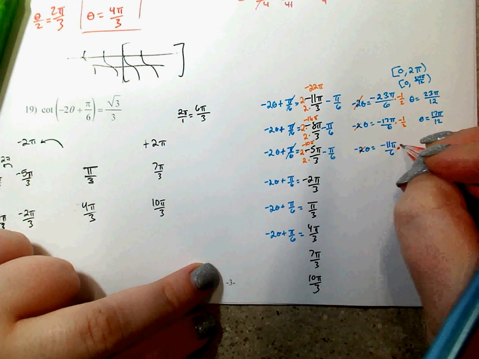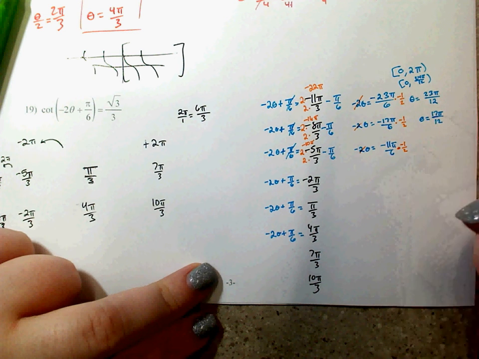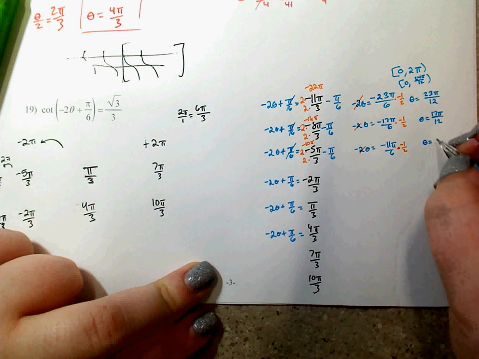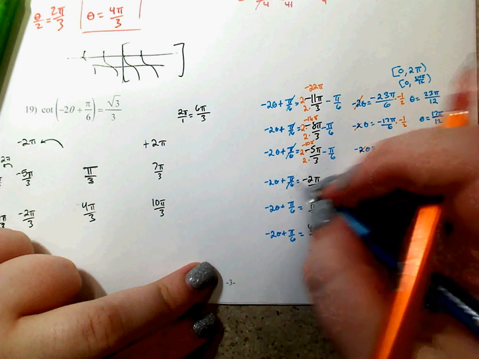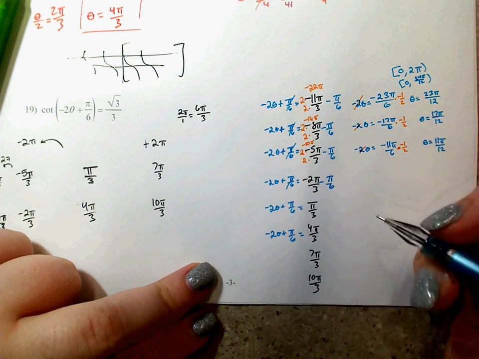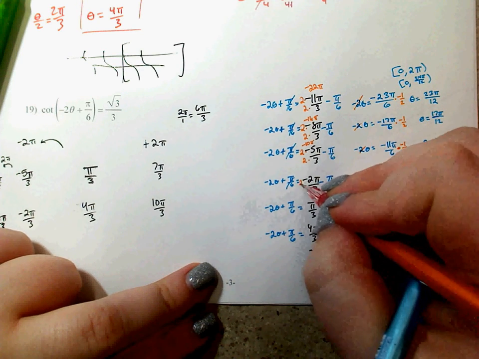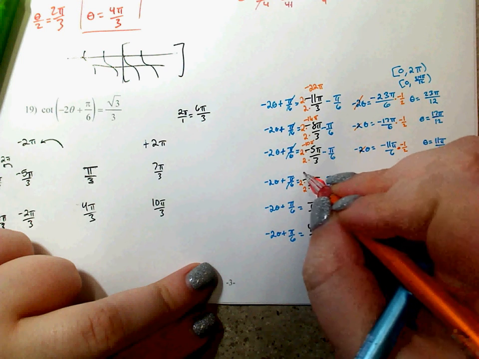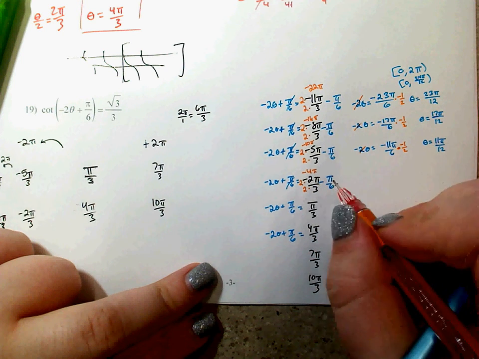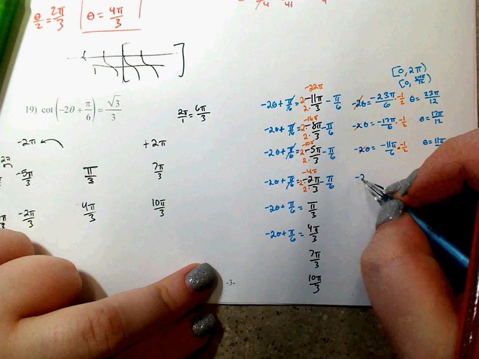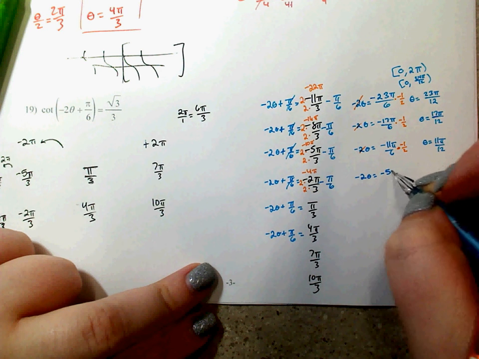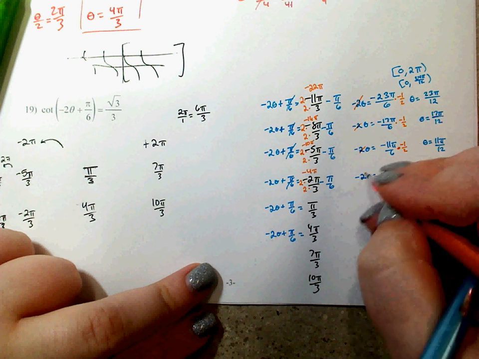We're going to subtract pi over 6, multiply by 2 on top and bottom to get a common denominator, that becomes negative 4 pi. So negative 4 pi minus 1 pi is negative 5 pi. So negative 2 theta equals negative 5 pi over 6. Multiply by negative 1/2, I'm left with 5 pi over 12.